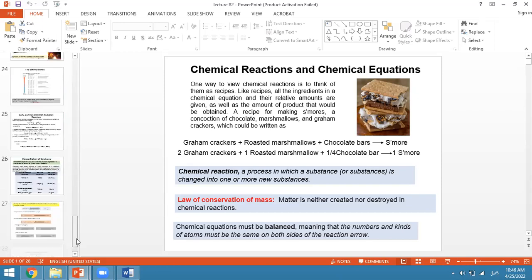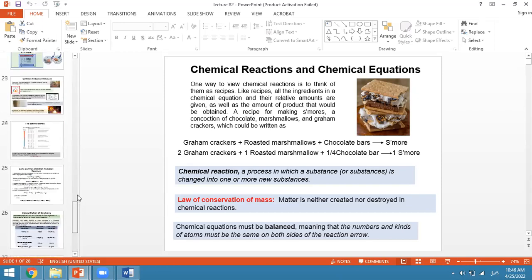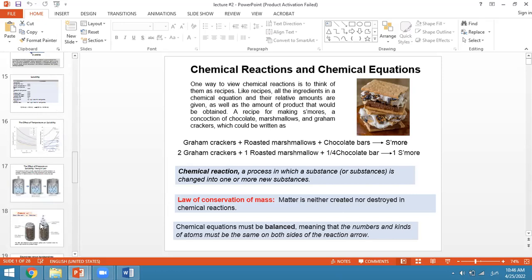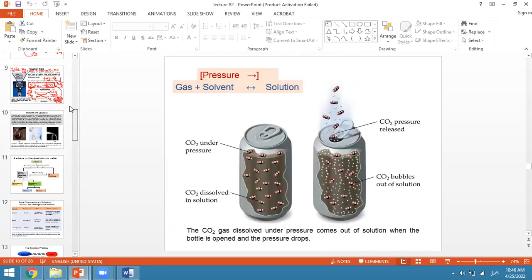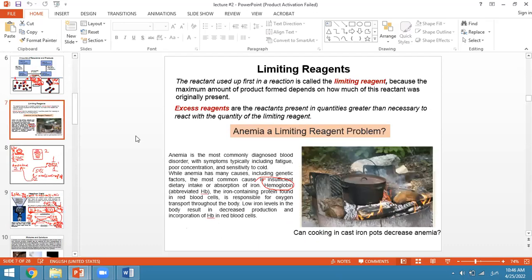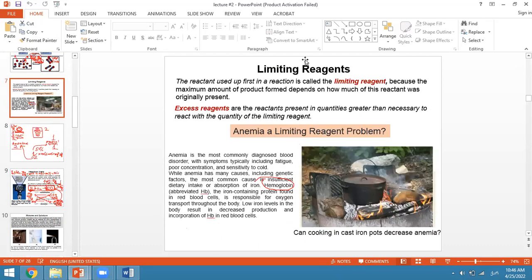Yeah, so let's finish this one because we already talked about anemia, right? Let me share this one with you. Since we talked about anemia, I wanted to continue about that.